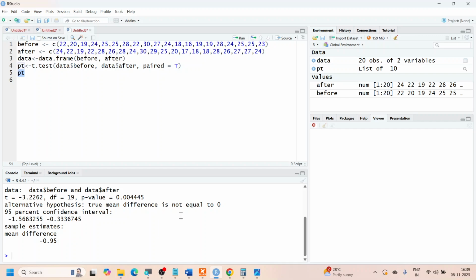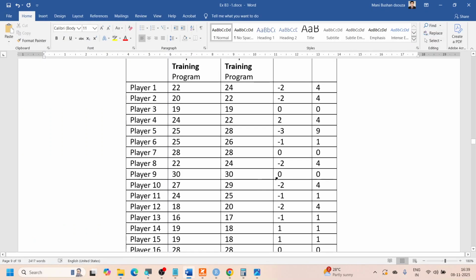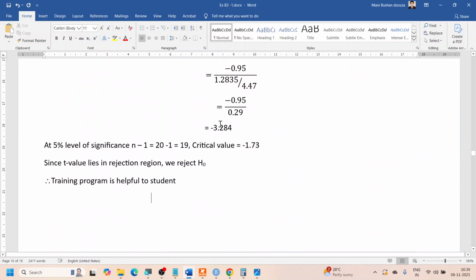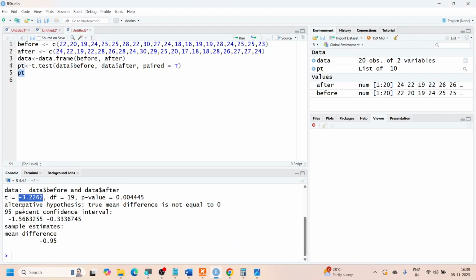So what are the things that you are going to get here? What is the interpretation? First one is the t-test that you have performed. The value that we got in our calculation was 3.28 something, but what R has got is minus 3.2262.